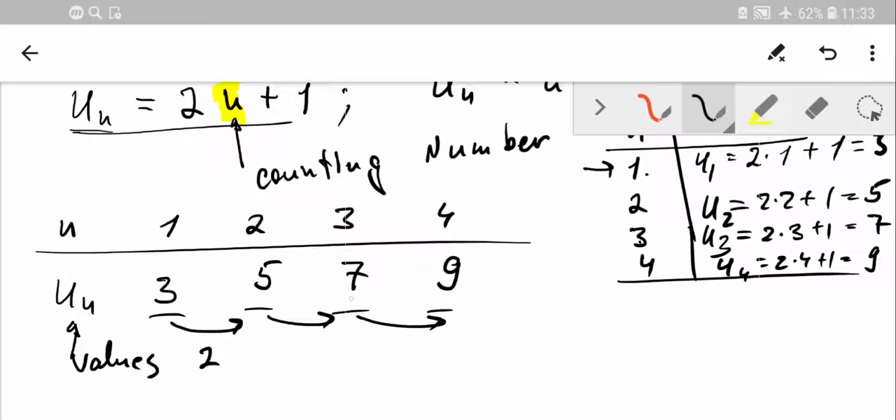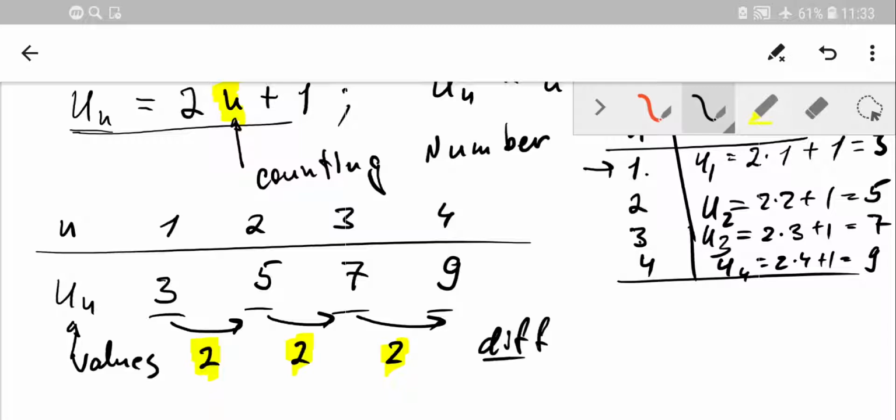Let's take the difference between the third and the second element: 7 minus 5 is 2. So as you can see, the difference is not changing. It stays the same. Whenever you take 2 adjacent elements and find the difference between them, it's always 2.